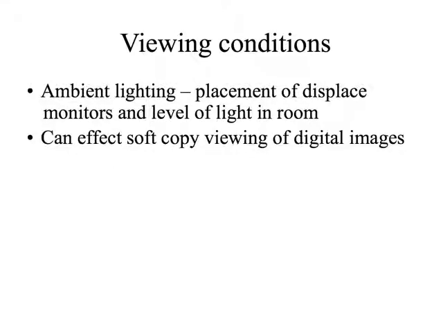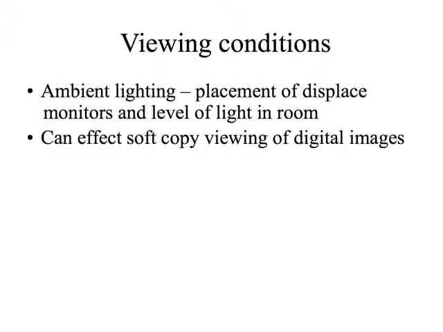So viewing conditions, generally we're going to have some awareness of the ambient light in the room. Generally we're going to maybe turn the overhead lights off. And we want to be aware of where the monitors are placed, how we can best view the monitors, because of how the ambient lighting in the room can affect what we would call soft copy viewing of the digital image.